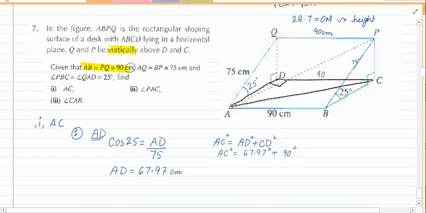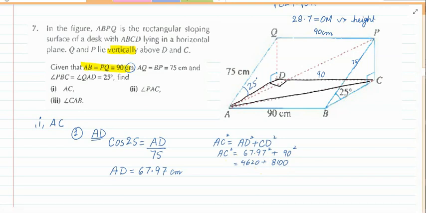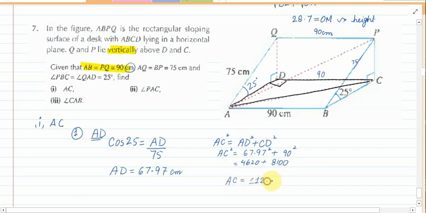So 67.97 square is 4619.9. That will be 4620 plus 90 square is 8100. So if you add these two values, it will be 12720 and root it will be 112.8. So the value of AC is 112.8 centimeter.